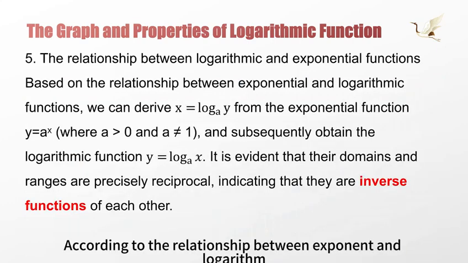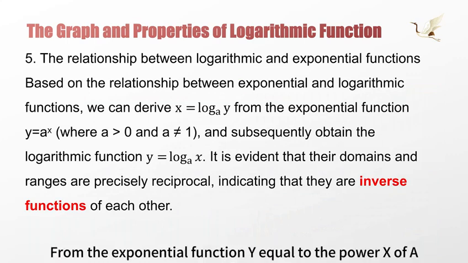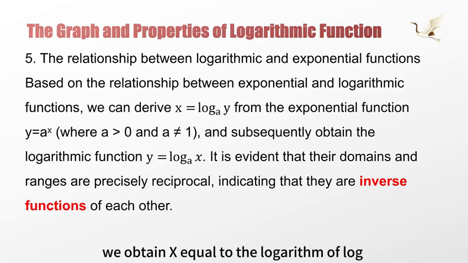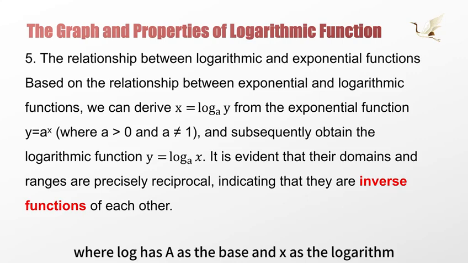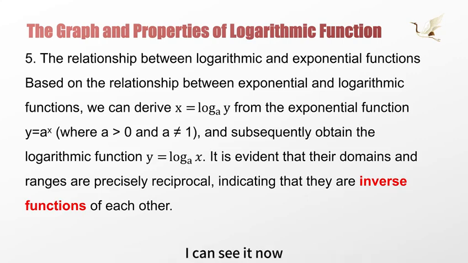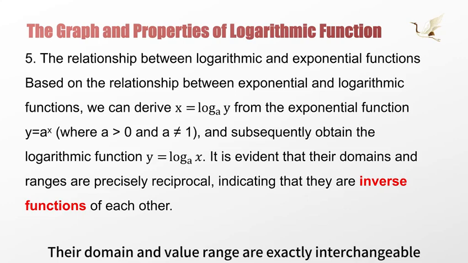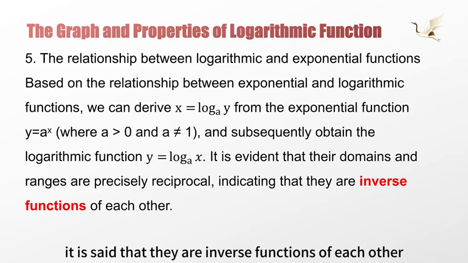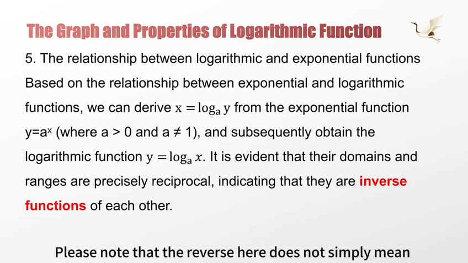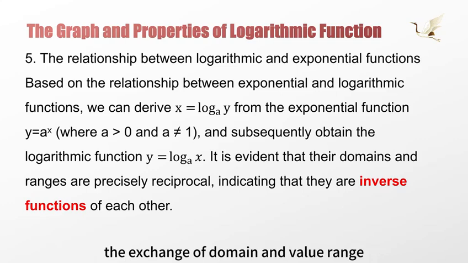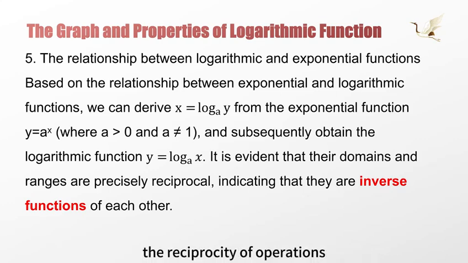According to the relationship between exponent and logarithm, from the exponential function y equals a to the power x, we obtain x equals the logarithm of y with a as the base, and then obtain the logarithmic function, log with a as the base and x as the argument. We can see that their domain and value range are exactly interchangeable. At this point, they are said to be inverse functions of each other. Please note that the inverse here does not simply mean the exchange of domain and value range, but rather the correspondence between independent variables and function values. That is to say, the reciprocity of operations.